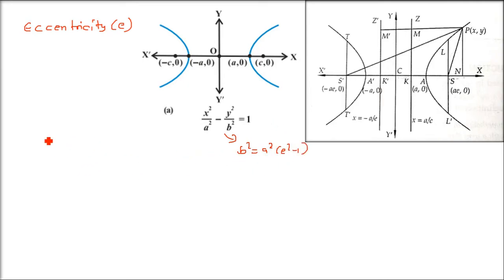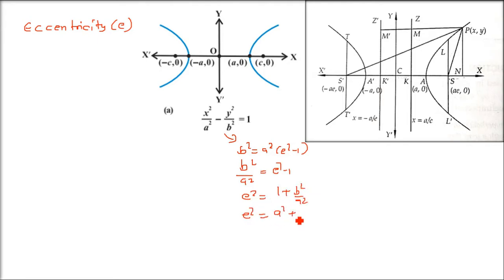So if we are interested in e square, what are we going to do? You take a square in the denominator for b square. So e square minus 1 will be equal to b square by a square, and then e square will be 1 plus b square by a square.